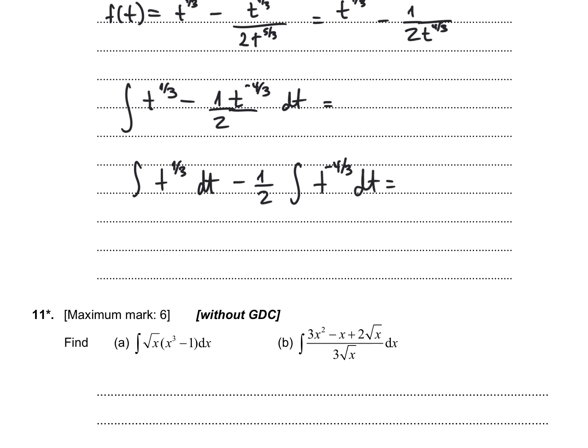Okay, so now we add 1 to the exponent, so it's going to be t to the 4/3 over 4/3, which is 3 over 4, minus 1/2, and then we're going to add 1 to the exponent, so plus 3/3, so that's negative 1/3, divide by that thing, plus c.